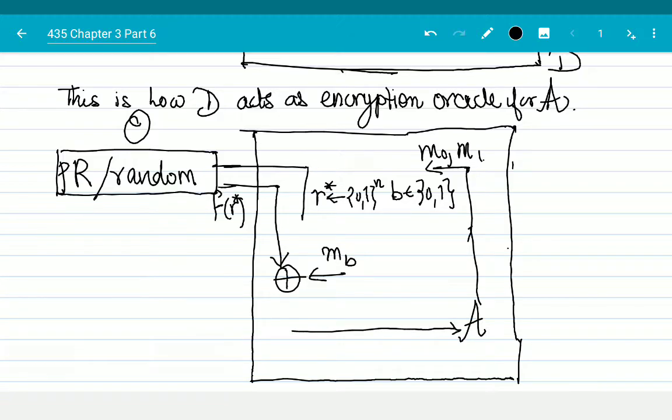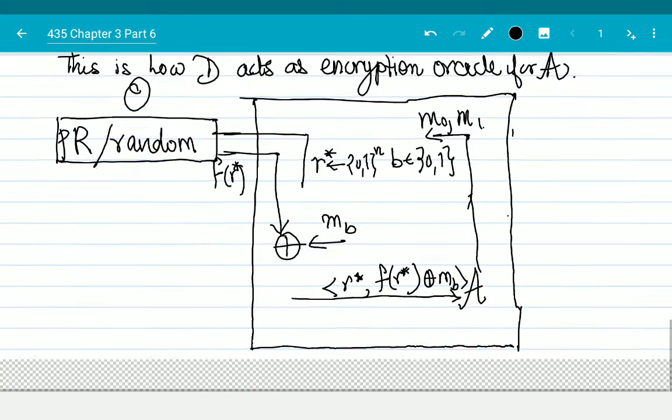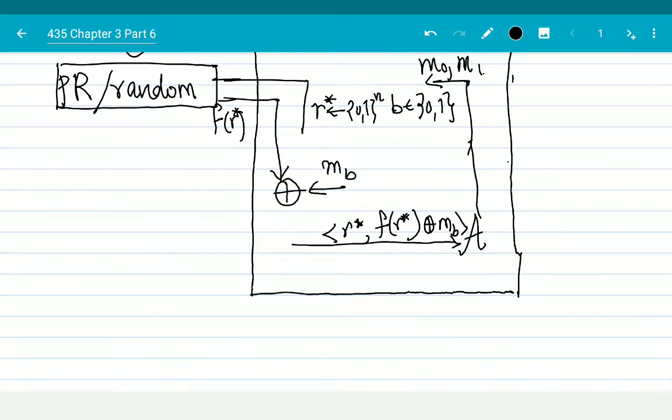Once you finish encryption, you send it the ciphertext, or challenge text in this case, r star, f_r star XOR M_b. Okay. And finally, A outputs bit b prime.